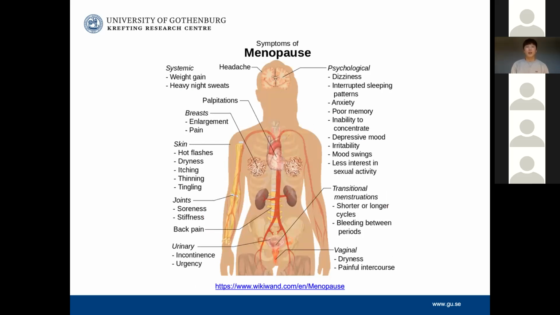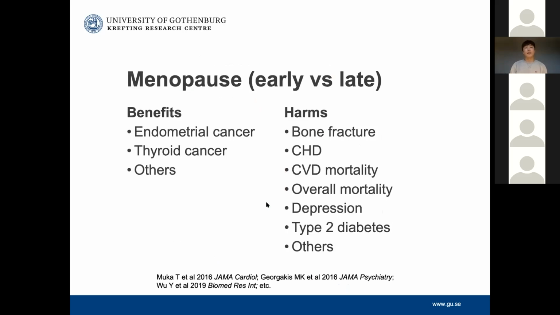The well-known symptoms are, for example, hot flashes and night sweats. Some women may also experience other symptoms like anxiety, bleeding, incontinence, and back pain. And some people also believe that this can cause some other health problems.